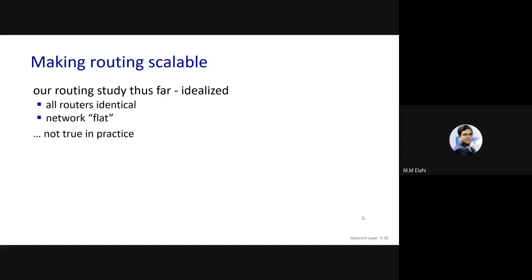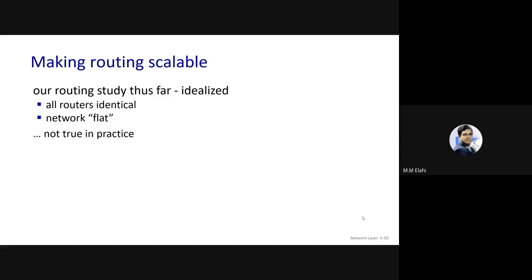Now the last section. This is actually kind of theory, but we need to know something about routing in the internet. What we saw, distance vector routing, link state routing, RIP, OSPF or EIGRP, these are actually used within an organization. But there are so many organizations, so many ISPs in the internet. How do they actually do the routing? The one feature of routing that helps for this is that it is hierarchical.